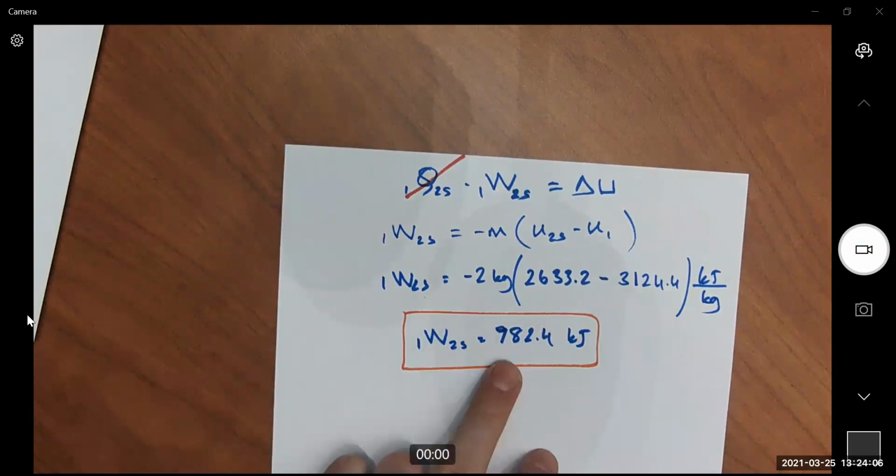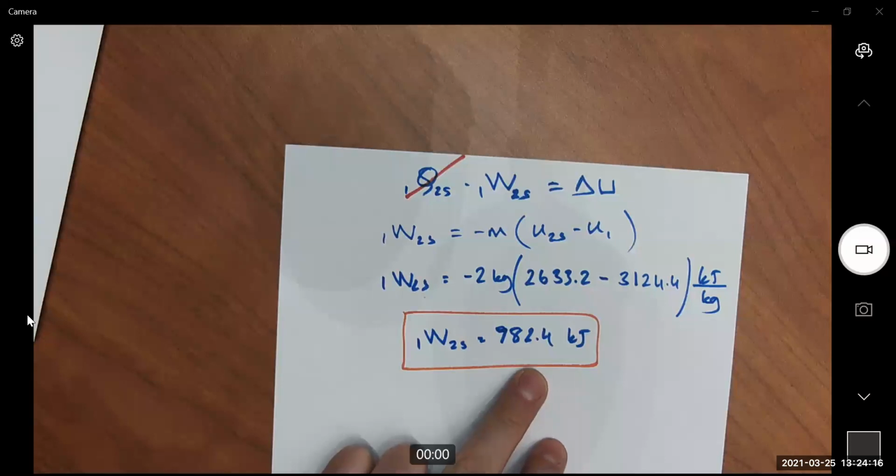What was it before? 932 something. This makes sense. So that means that I'm losing 50 kilojoules because of irreversibility.